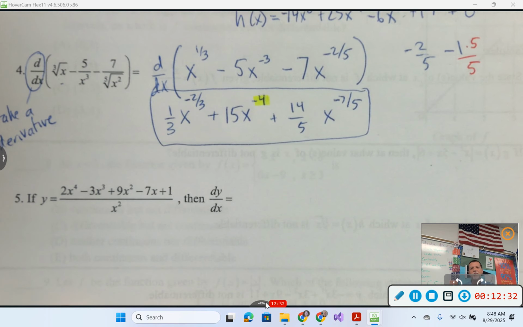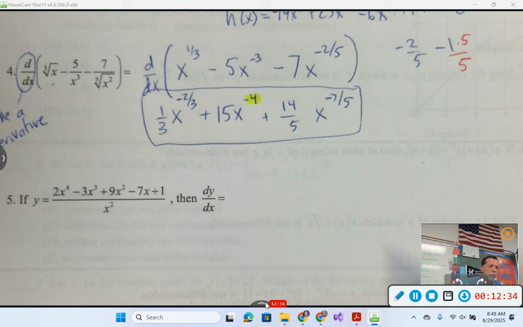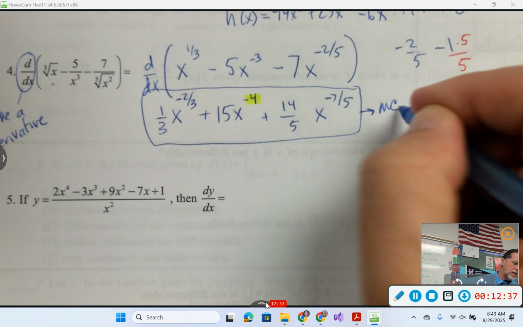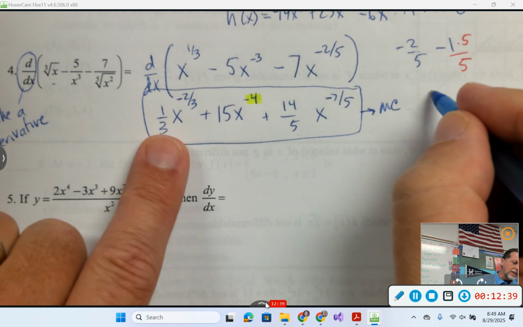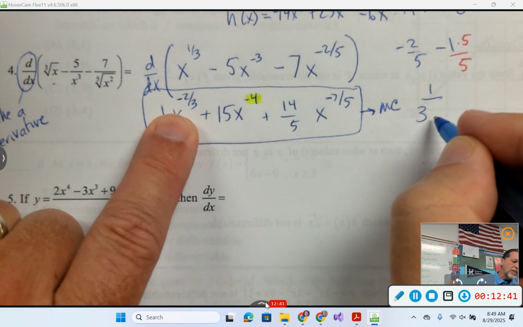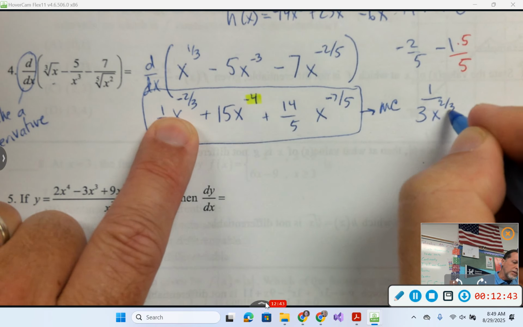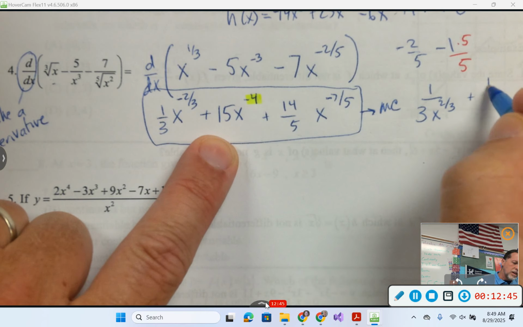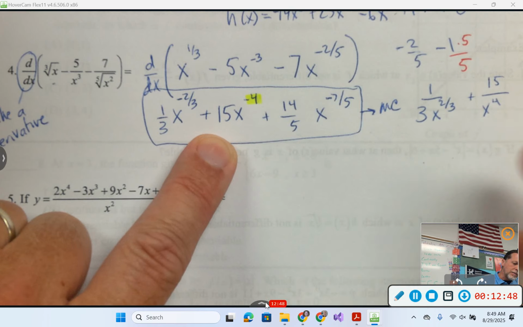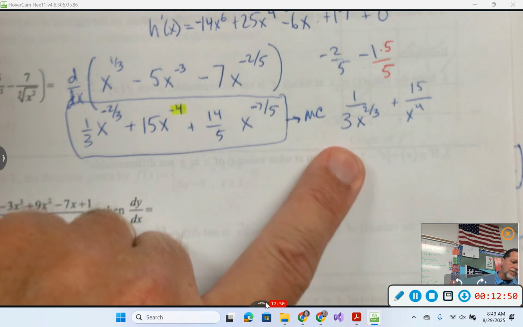But we generally don't like negative exponents, so a multiple choice answer might be, let's see if I can clean this up, x to the negative, so that'd be 2/3 in the bottom, and then x to the 4th in the bottom, and then x to the 7/5 in the bottom.